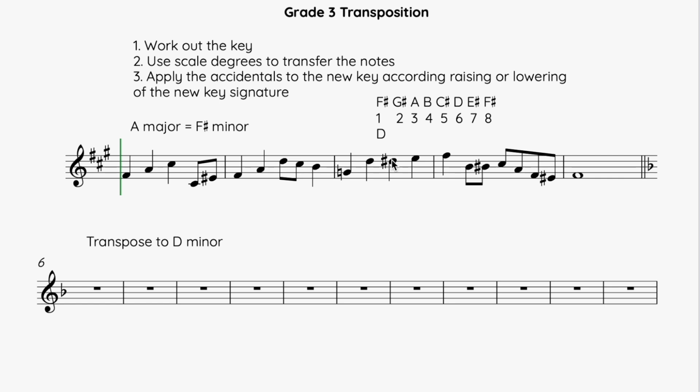Well, D is 1, E is 2, F will be 3, G is 4, A is 5, and then you'll find B flat, because D minor uses the F major key signature, will be the 6th note, and then raising the seventh note of D minor is C sharp. And then, of course, the eighth is D. All right, so now we're well set up to start the transposition.